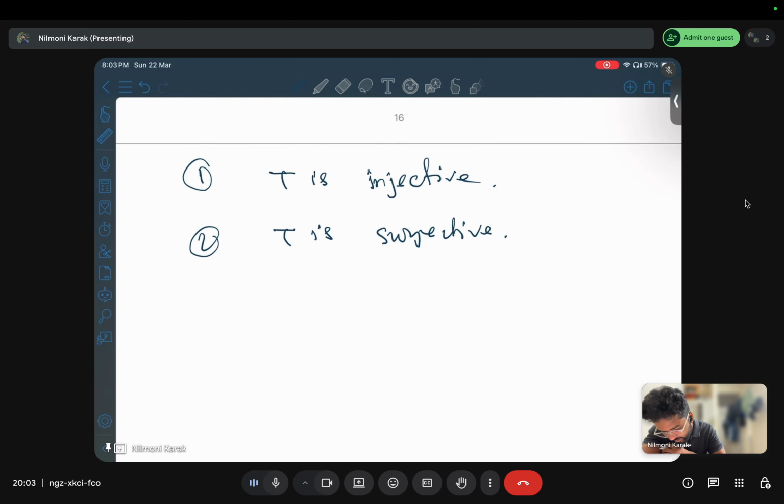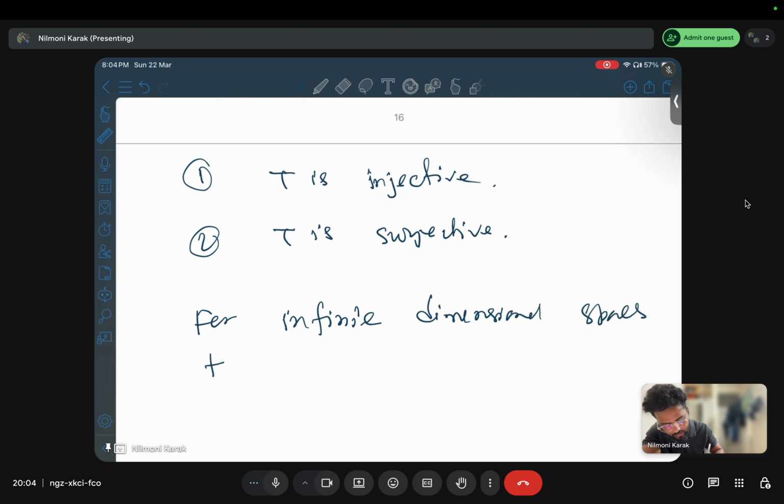For infinite dimensional spaces the above equivalence fails. So for infinite dimensional spaces the above equivalence fails.